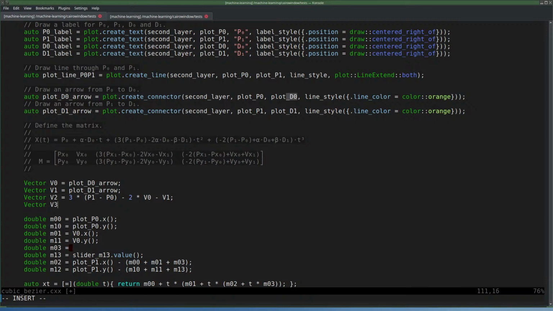And the vector V3 is then this one, minus 2 times the same thing, plus V0 plus V1. And then here we can just fill in M03.